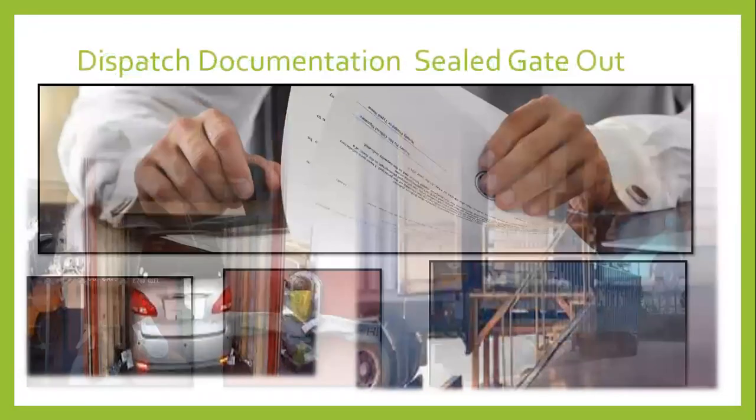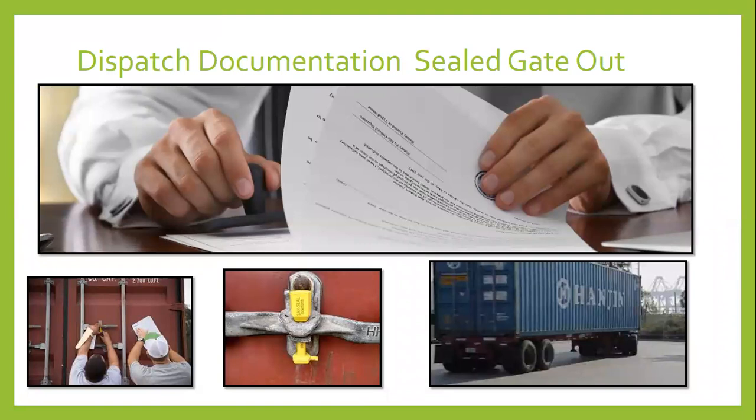The next step is to seal the container. But we cannot directly seal the container once the goods are dispatched. Once the container is stuffed, it is removed from the dock and placed in the parking area.